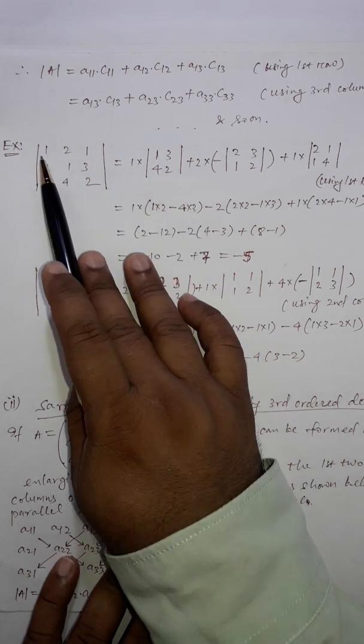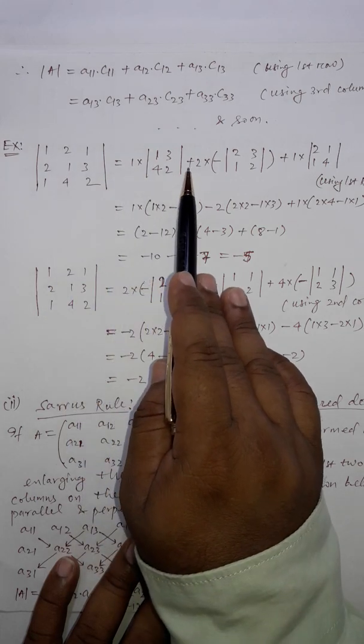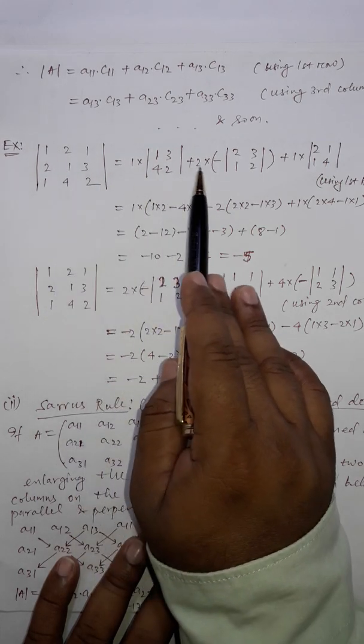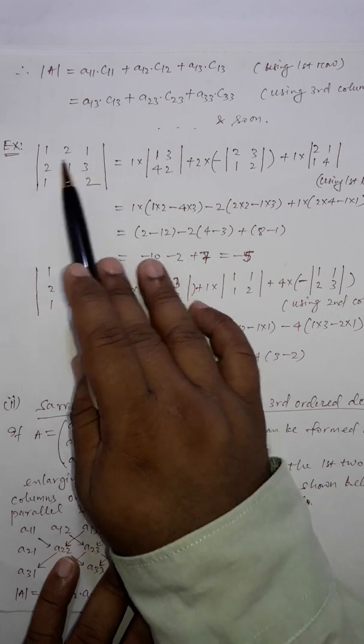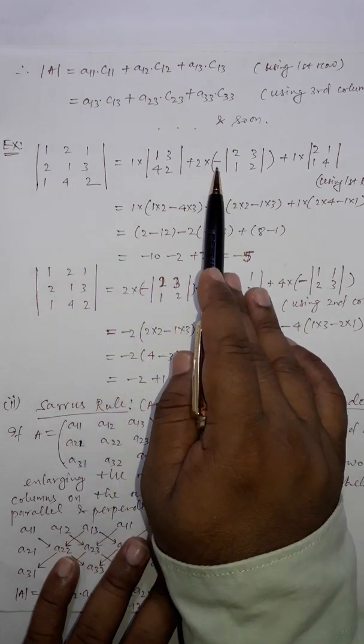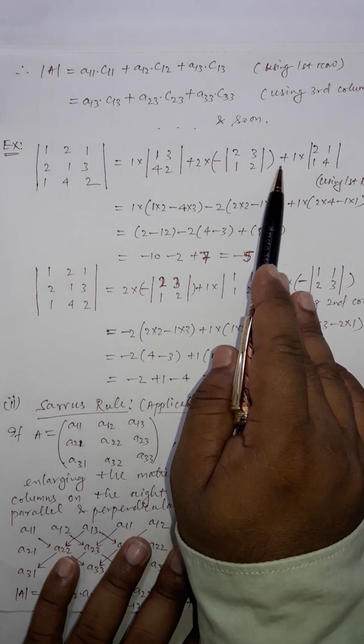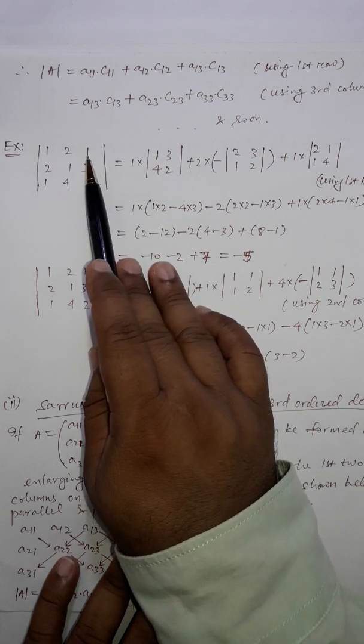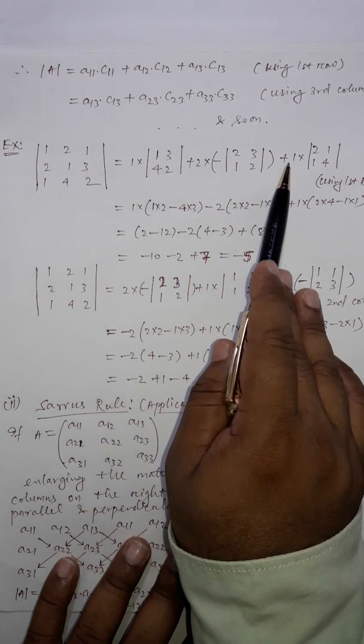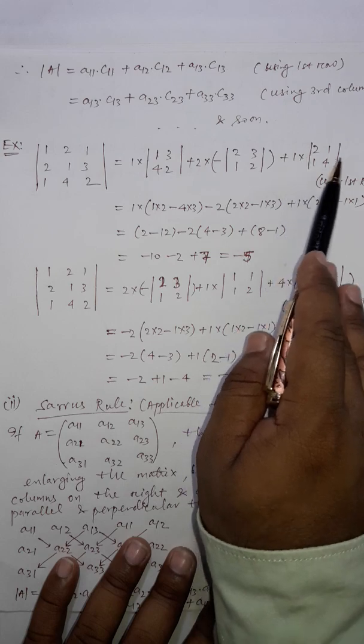So, it will be 1 into its cofactor plus 2 into its cofactor which contains a negative outside, then plus the third element 3 into its own cofactor which is also positive.